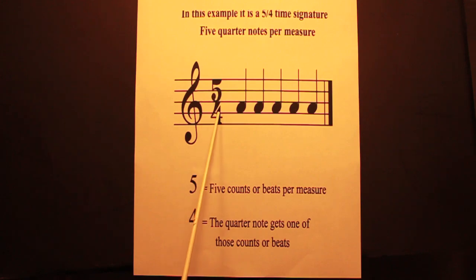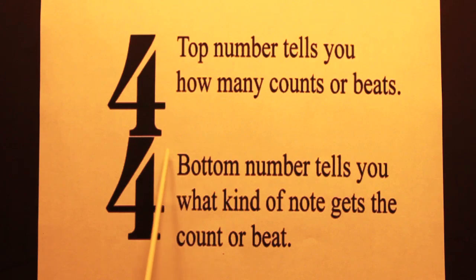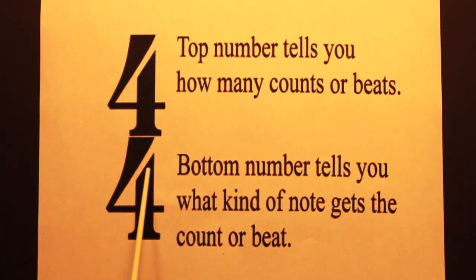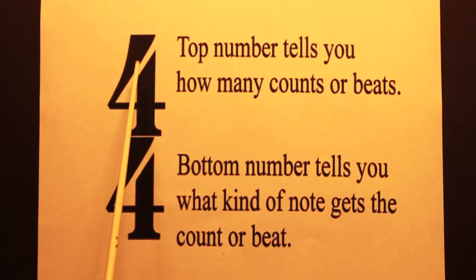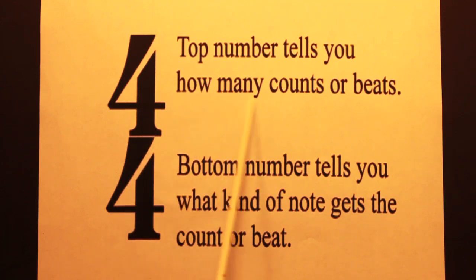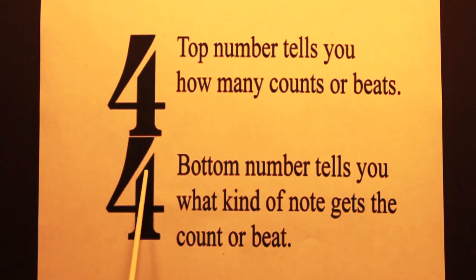So 5 quarter notes. I wanted to bring this example back to show you in terms of the time signature that you're absolutely understanding that the top number tells us how many counts, and the bottom number tells us what kind of note gets the count. 4 quarter notes.